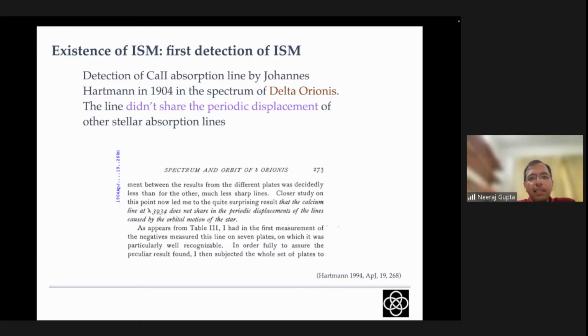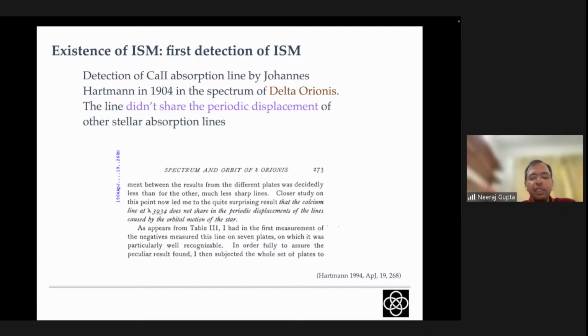And he found a certain set of absorption lines in the spectra of this star, and these absorption lines actually arise from the stellar atmosphere. And since this is a binary star going around the center of mass of the system, these absorption lines periodically get red shifted and blue shifted as the star is moving towards or away from us, right? So that's the motion that is taking place.